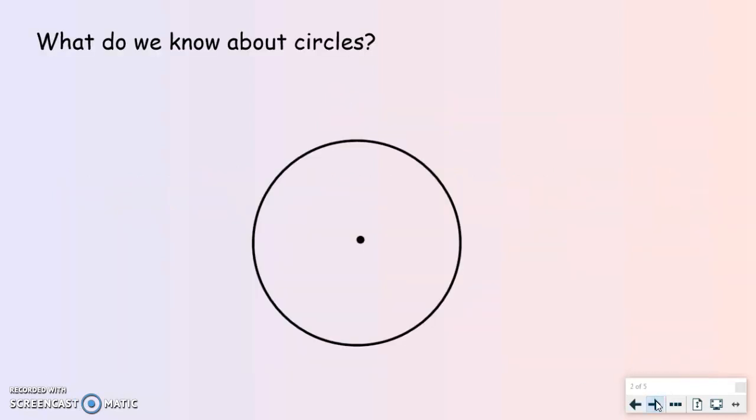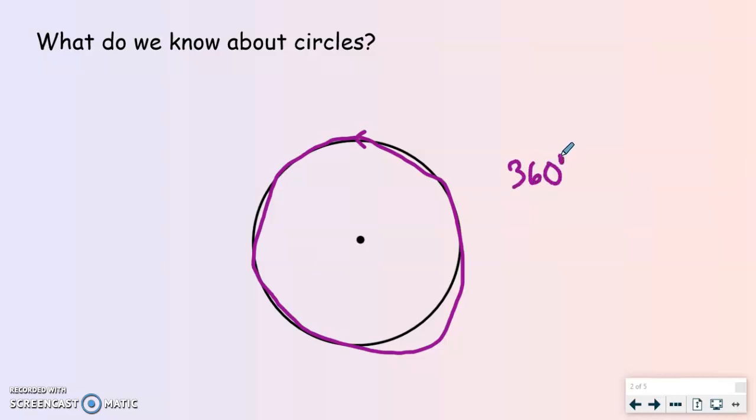So for starters, let's talk about circles and what we know about them. We know that they have no sides, right? That they have a center point. And we also know that if I were to start here and go all the way around the circle, it doesn't have to be perfect, that would be 360 degrees.